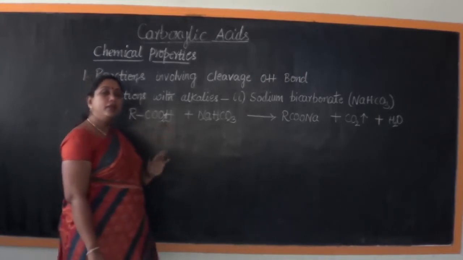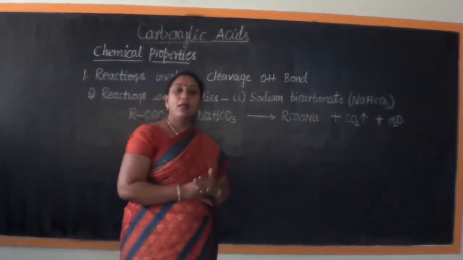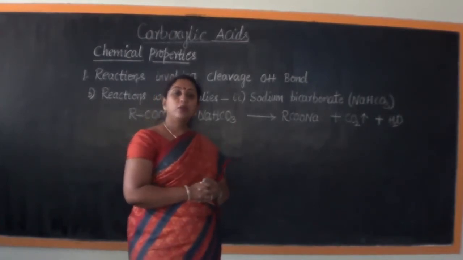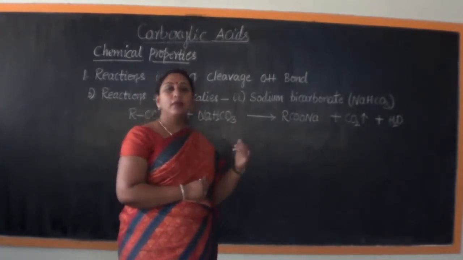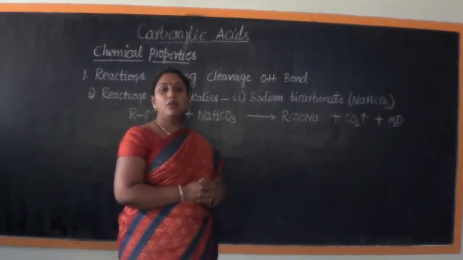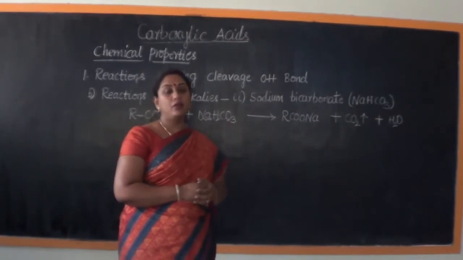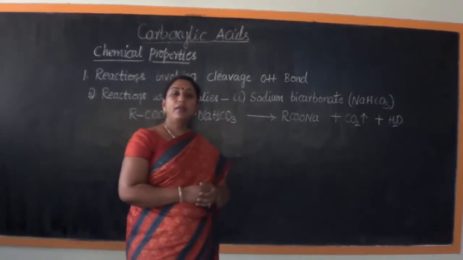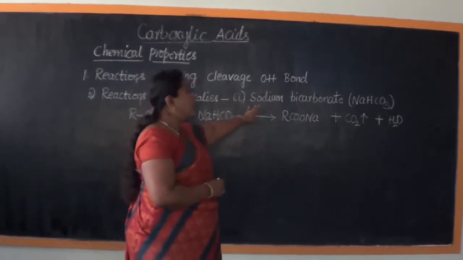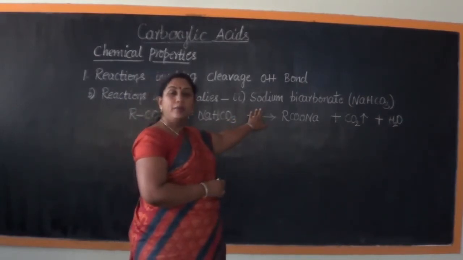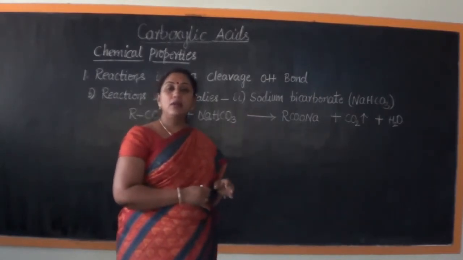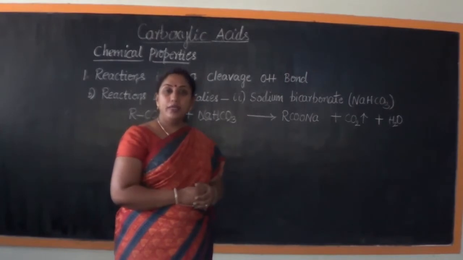So I am trying to show you the similarity and the differences in the reaction with respect to alcohols, phenols with carboxylic acid. The reaction with sodium hydroxide is not at all observed with alcohols, but it is observed in case of phenol. Now this particular reaction of carboxylic acid reacting with sodium hydrogen carbonate is neither seen in case of alcohols nor seen in case of phenols.